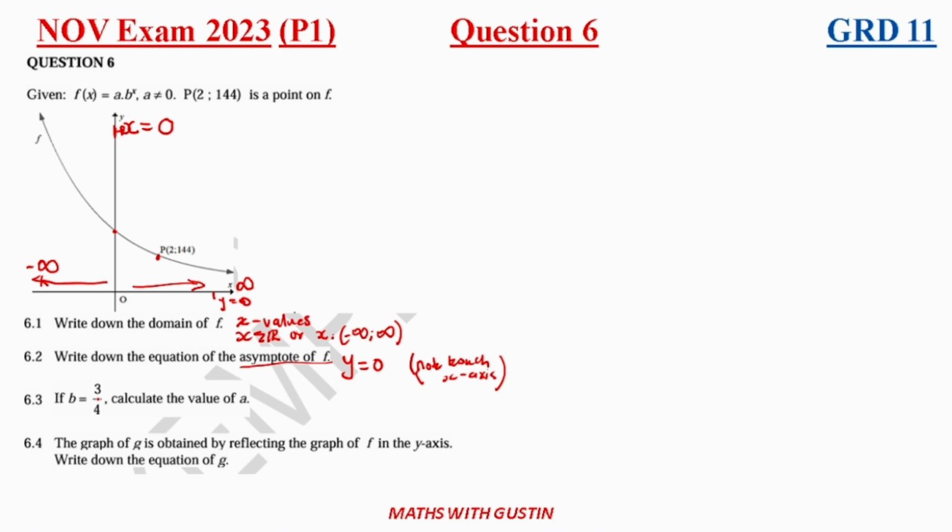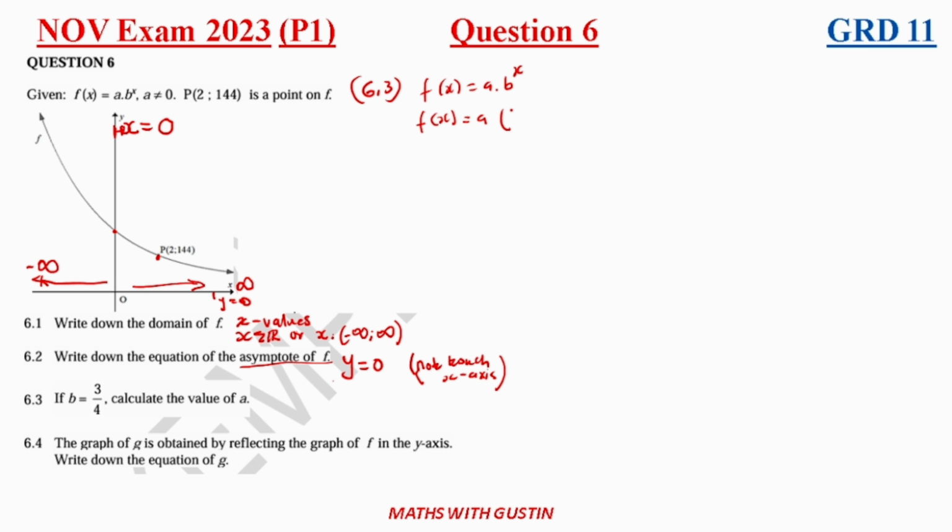Then they are saying if b is given by 3/4, calculate the value of a. So this is what they've given us on this equation. I'm just going to write it up here, 6.3. They are saying f of x is a times b to the power of x. They have given us b, and they want us to find a.